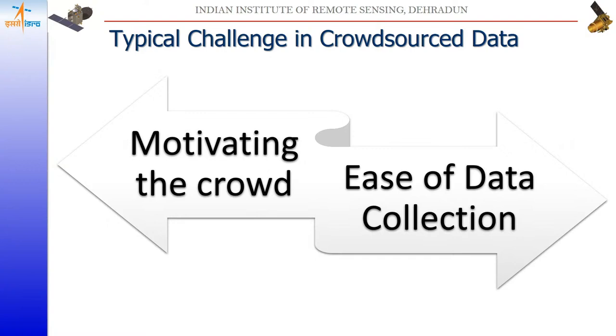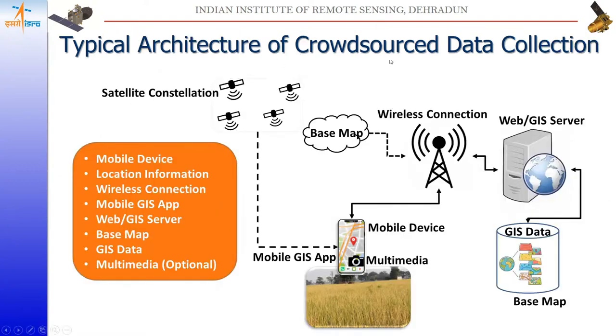So this is a typical architecture of crowdsourcing data collection. It basically consists of a mobile device. The location information comes from the constellation of GPS. Wireless or mobile connectivity is required, and we also require one small mobile GIS app.